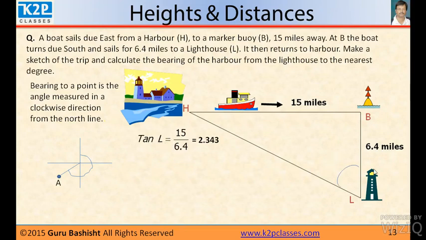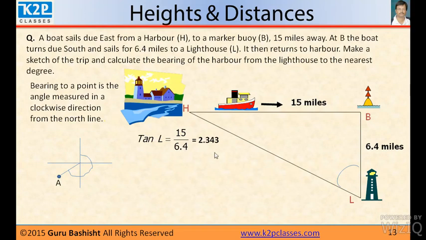Tan L. This is your angle L. So 15 by 6.4. Since this is L, for this angle, this will be height and this will be base, or opposite side and adjacent side. So tan L is 15 by 6.4. It is 2.343.